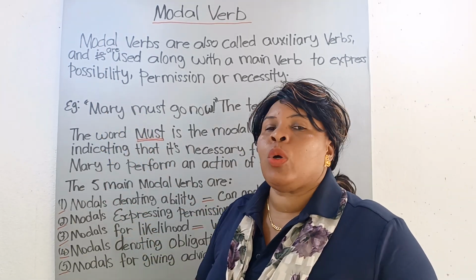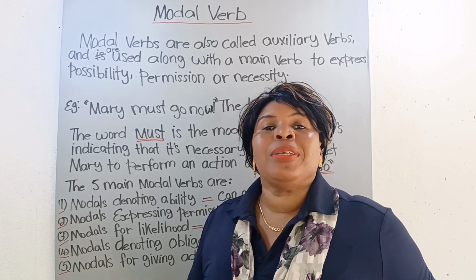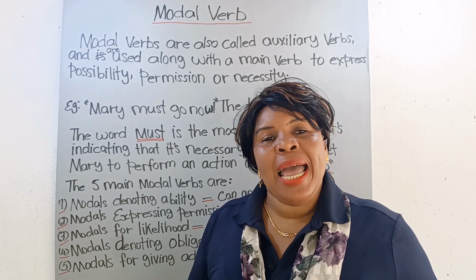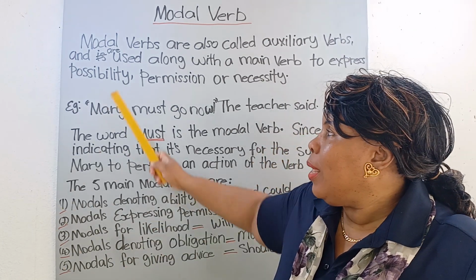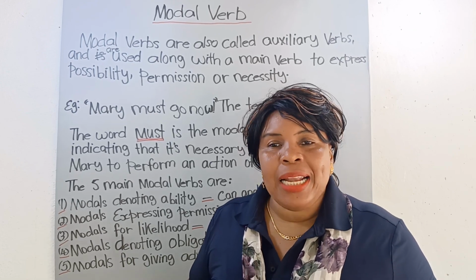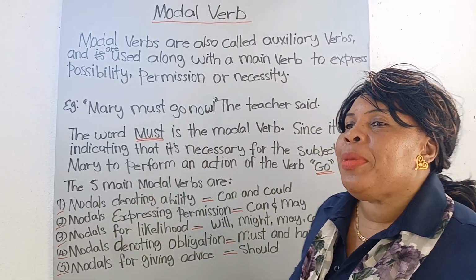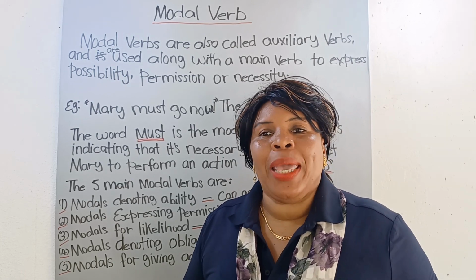Let's start with the first one. Possibility. What is possibility? Possibility is a likelihood. It's a chance that something will happen or might happen. Permission is to allow or to give authorization to a person.